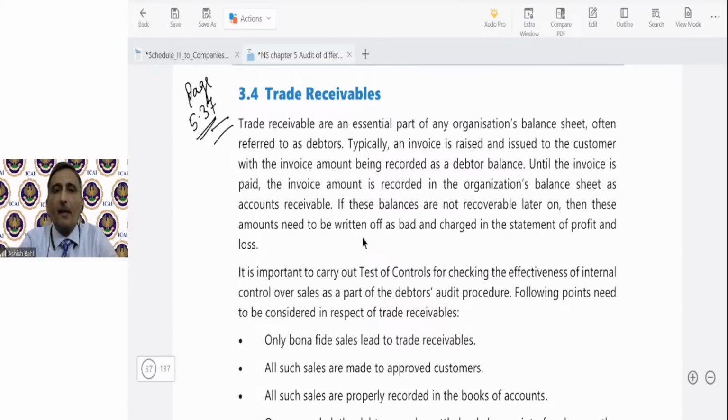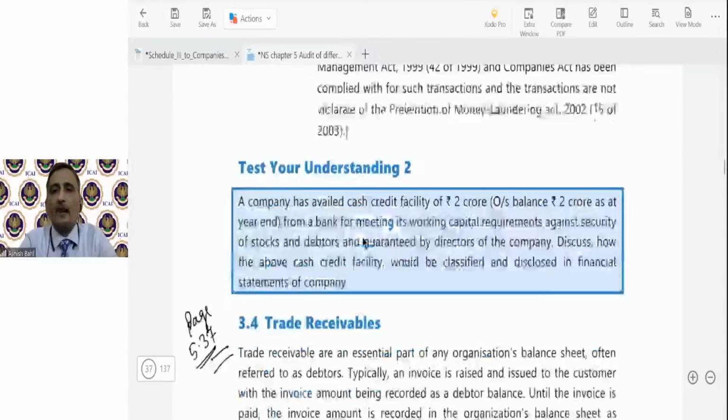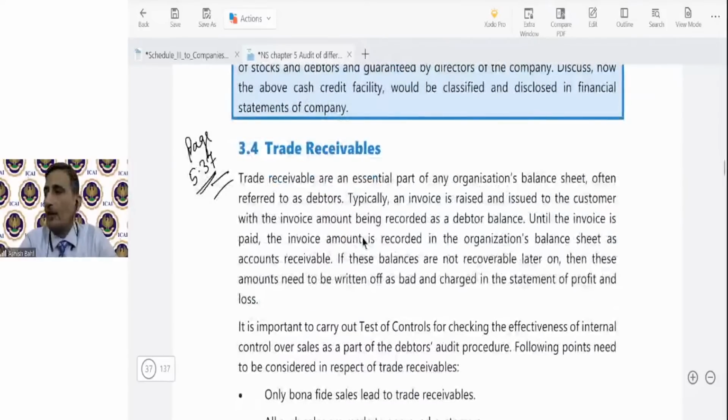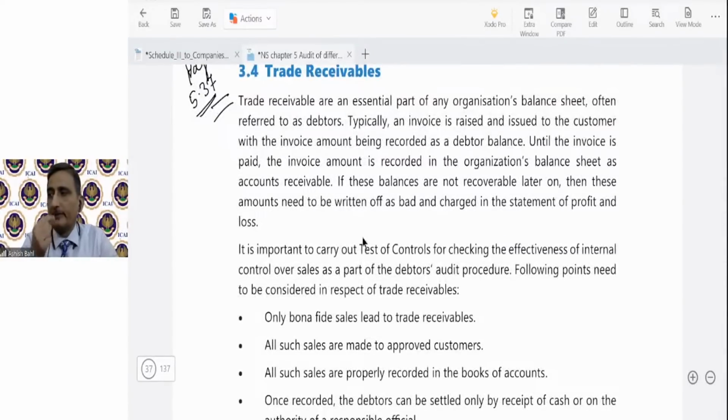So we are at page 5.37 of your module. Page 5.37 of your module. Is it okay, students? Page 5.37 of your module.